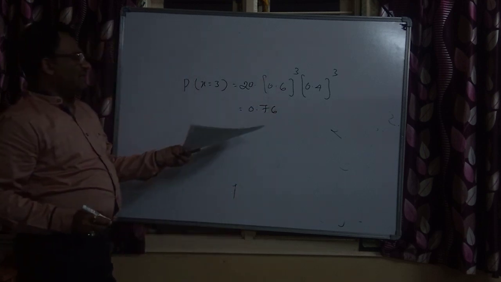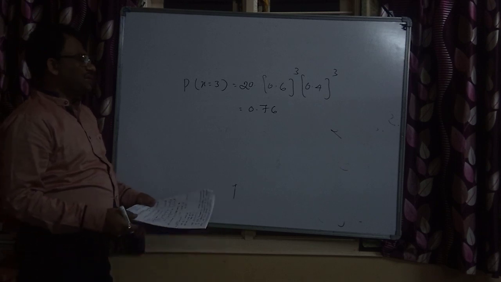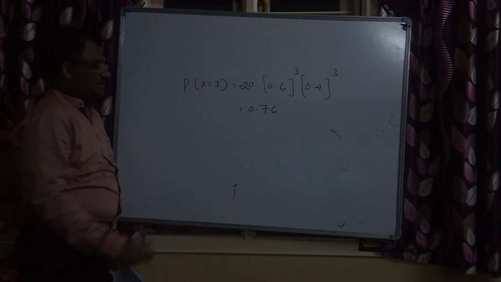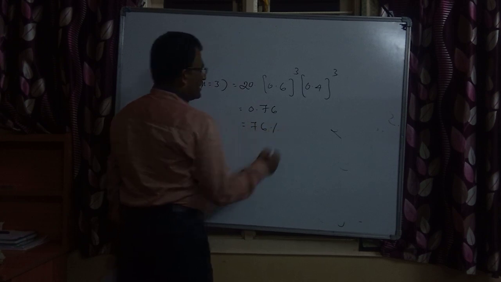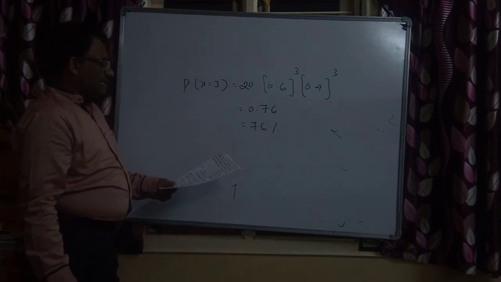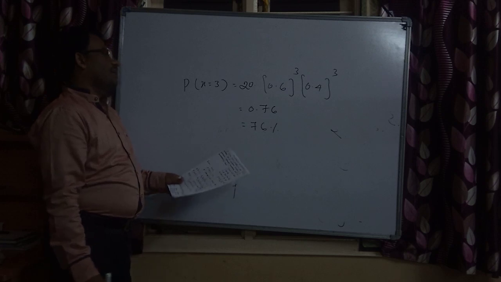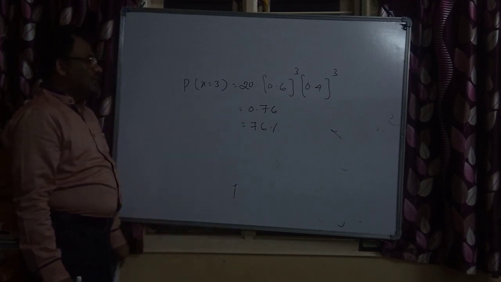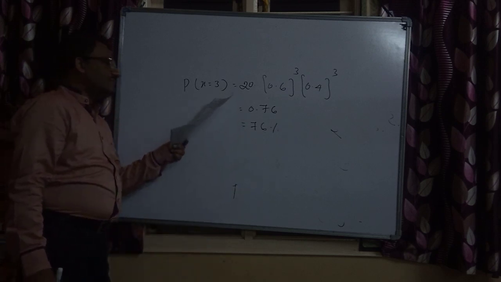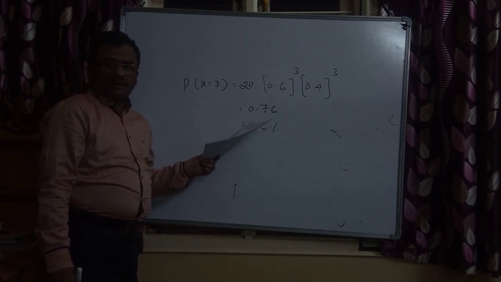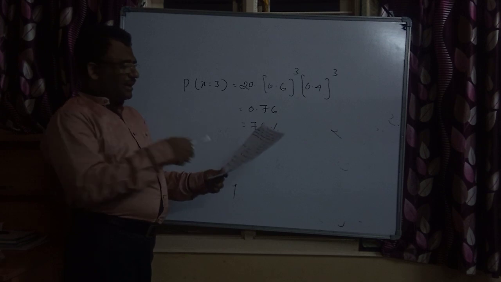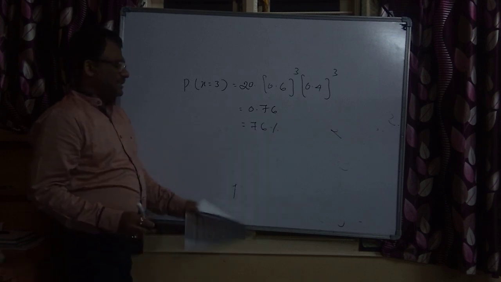You can convert this into a percentage, which is 76%. That means there is a 76% chance that you are going to have 3 BPL card holders out of the 6 people selected randomly.